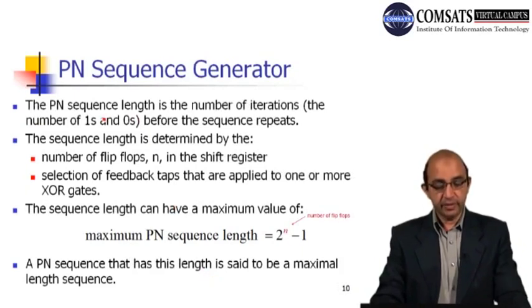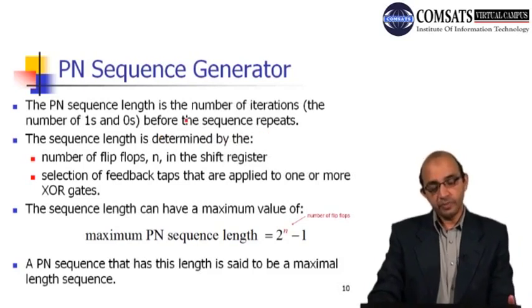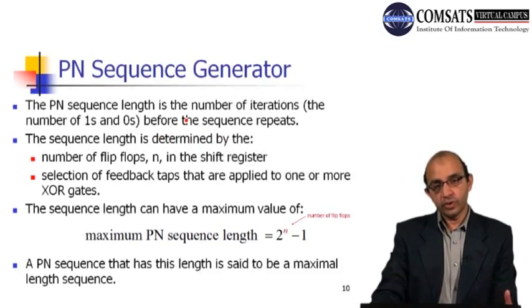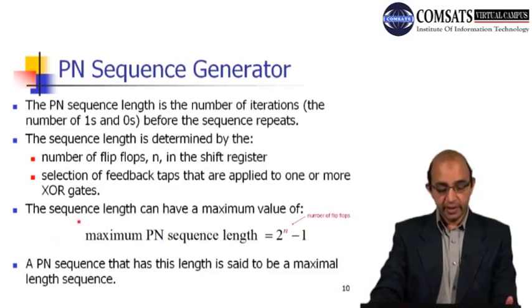For a PN sequence generator, we count the number of iterations before the sequence repeats. So the length of the PN sequence can be measured before the sequence repeats itself, right? We can establish a formula using the number of flip-flops, n, in the shift register, and the selection of feedback taps that are applied to one or more XOR gates.